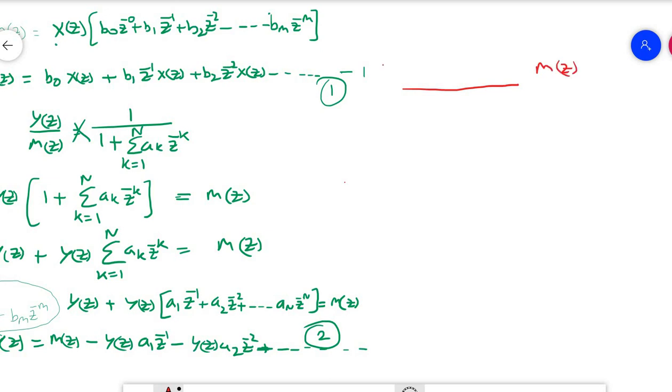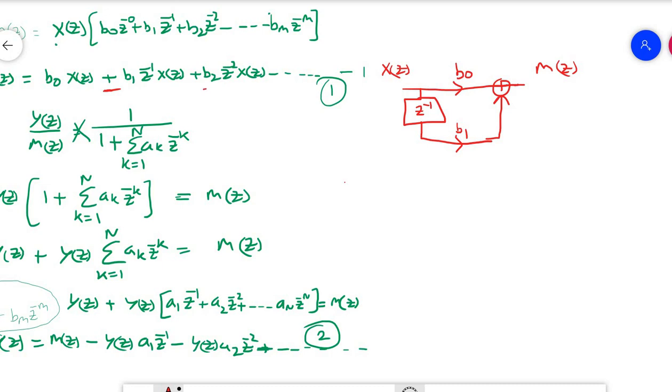This is my X(z), and b0 into X(z) is equal to M(z). Now in addition with b1 z minus 1 X(z), then after that it's b1. Now add these two values and the output is M(z).